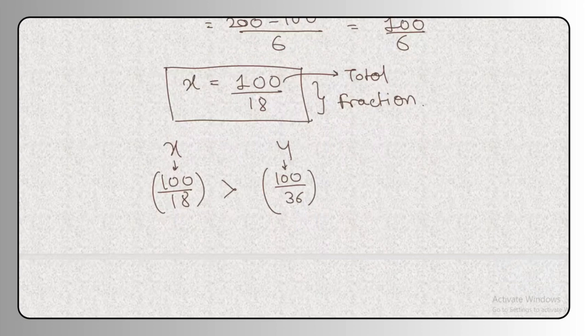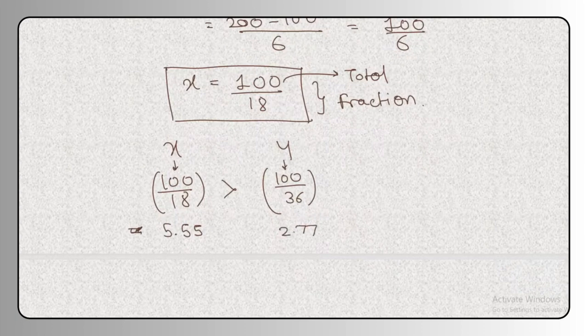So the amount of work done by the men is more than the amount of work done by the boys. To give you the visualization of this, I'll just calculate this fraction out. So 100 upon 18 becomes 5.55, right? And 100 upon 36 is 2.77.